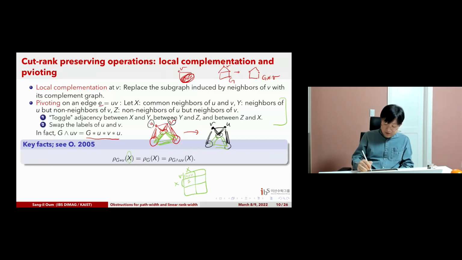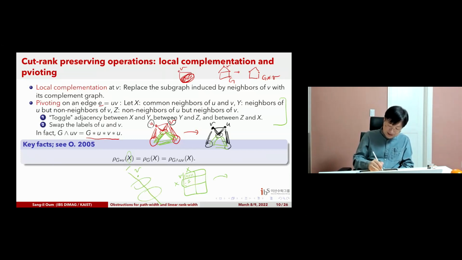So when you take a local complementation, this is the part where you change zeros to 1, 1 to 0, because here's a vertex V, neighbors and non-neighbors.